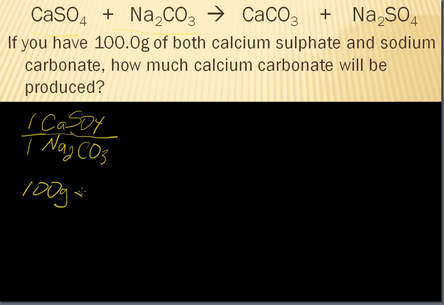We don't want grams. We in fact want moles. So grams will go on the bottom. And if you calculate the molar mass of calcium sulfate, it's 136.15, like that. So then to figure out how many moles that is, we go and get our calculator, where is our calculator? It's hiding.